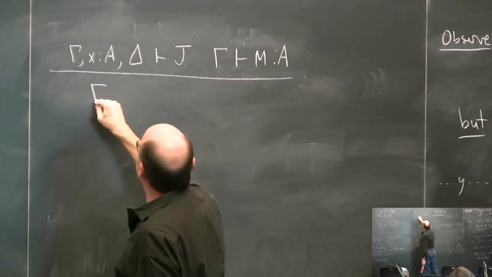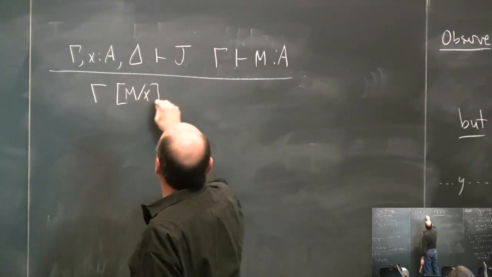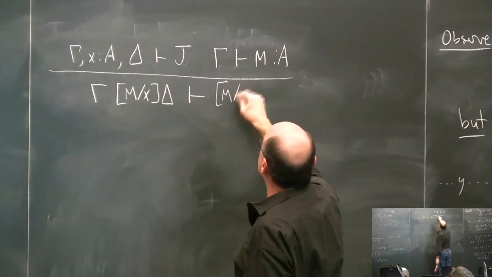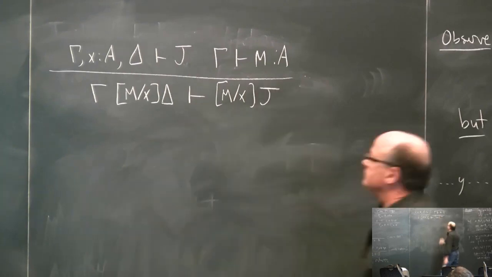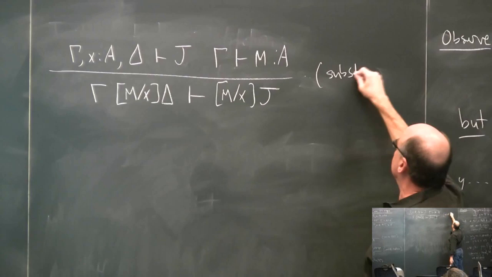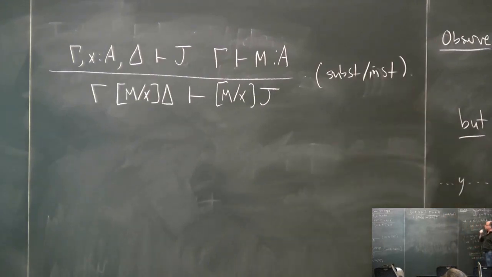All right, and now here's the tricky thing, because this is the thing about dependency. You have to substitute in here, and also in here. Okay, so this is substitution or instantiation, depending on your point of view. It can be written like that.